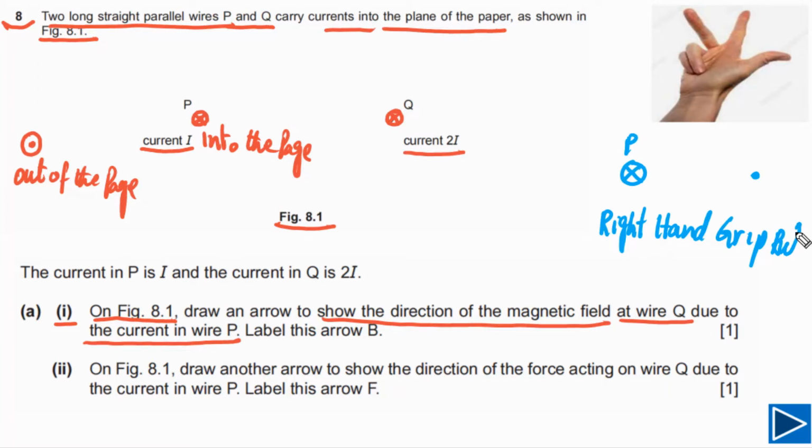By using the right-hand grip rule, we can find the direction of magnetic field at this point.